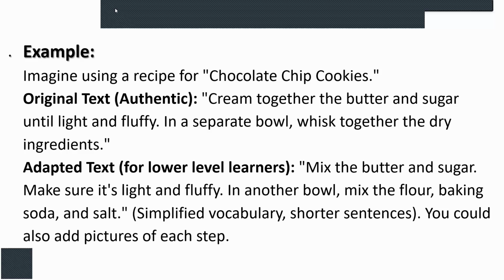So here the original text is like this: cream together the butter and sugar until light and fluffy. In a separate bowl, whisk together the dry ingredients. So that language may be very tough for lower level learners. So the teacher can change the language. Teacher can adapt it. See how it looks after adaptation.